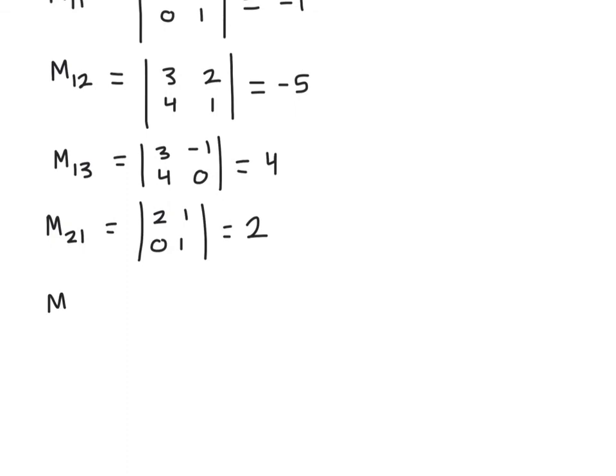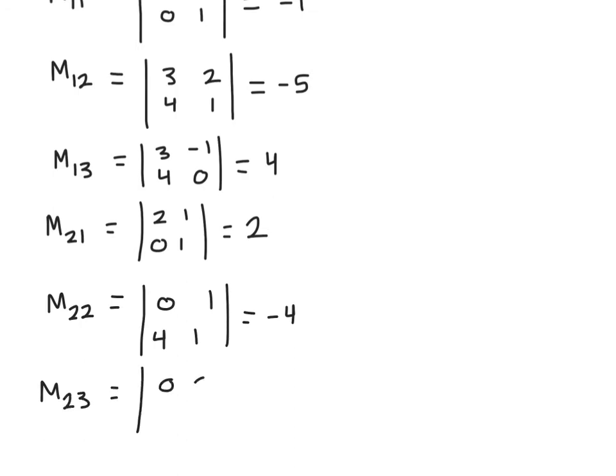Let's find the minor of row 2, column 2. So we're going to take the determinant of 0, 1, 4, 1, and that will be negative 4. And then let's find the minor of row 2, column 3. So we'll take the minor of 0, 2, 4, 0, and we get negative 8.